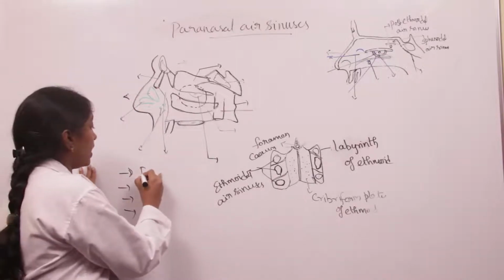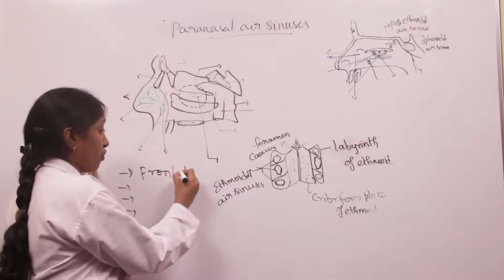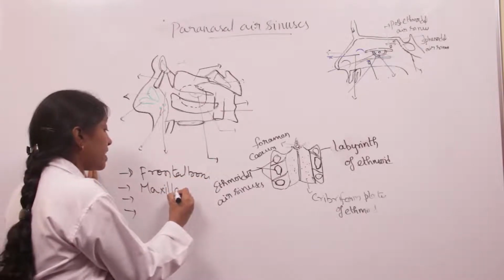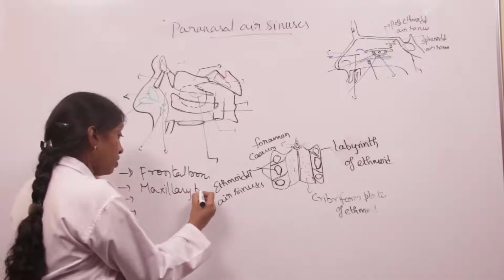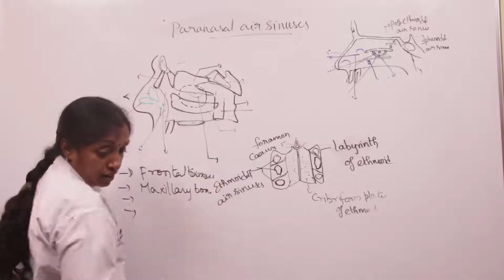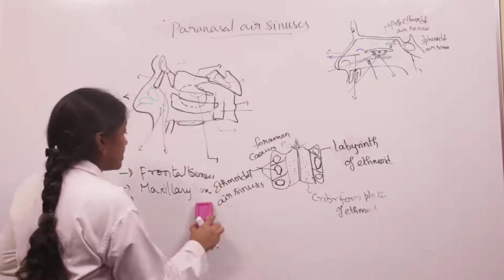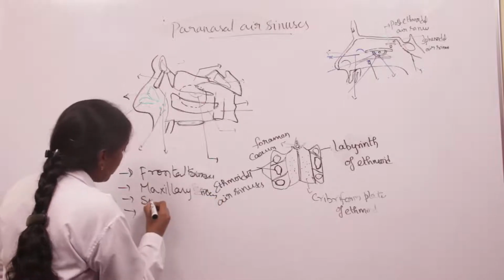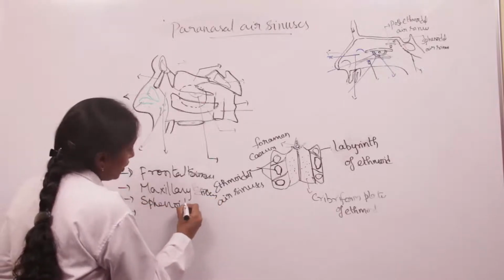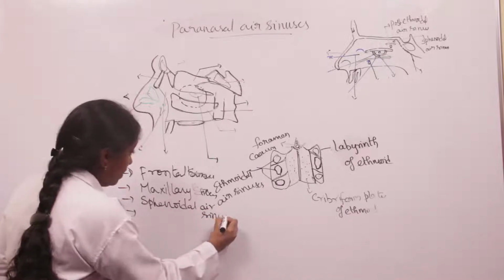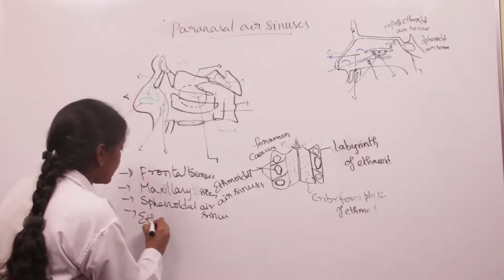First one is frontal air sinus, which is present in the frontal bone. Maxillary air sinus, which is the largest air sinus, is present in the maxillary bone. Then the sphenoidal air sinus, and ethmoidal air sinuses.